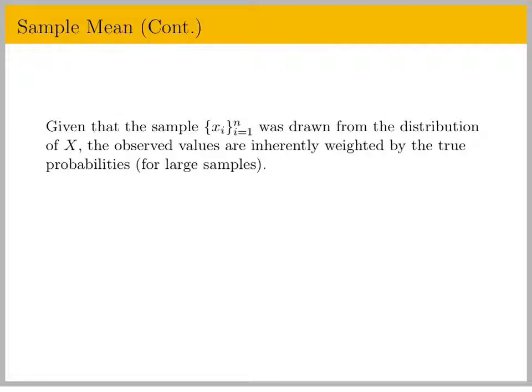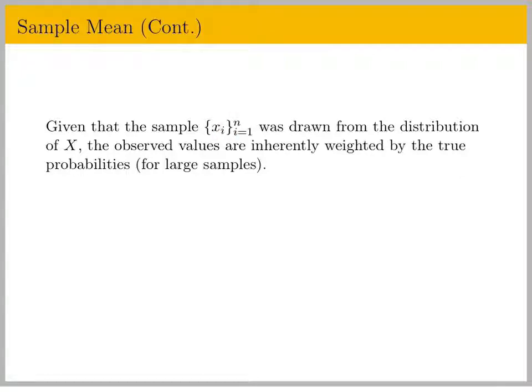Well, it turns out that that random sample of n realizations of the random variable, those are not really a fair draw from the whole set of possible values of x. They are actually coming inherently weighted by the true probabilities.